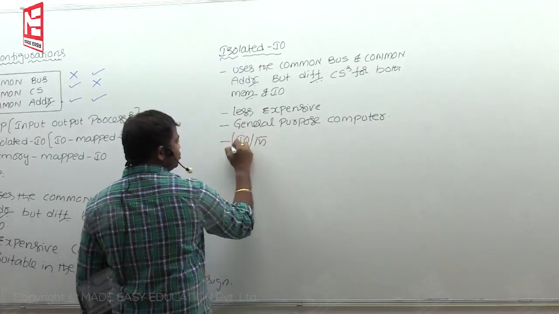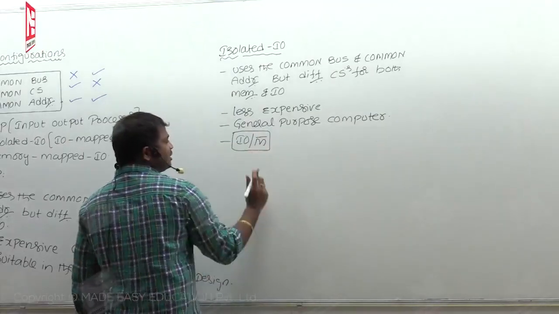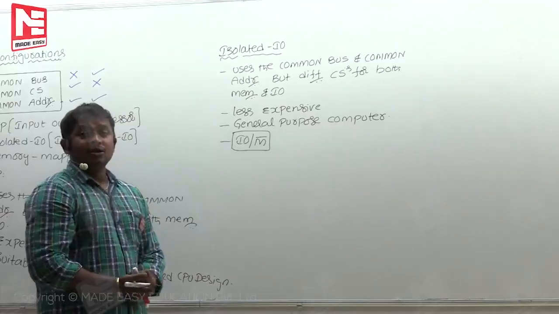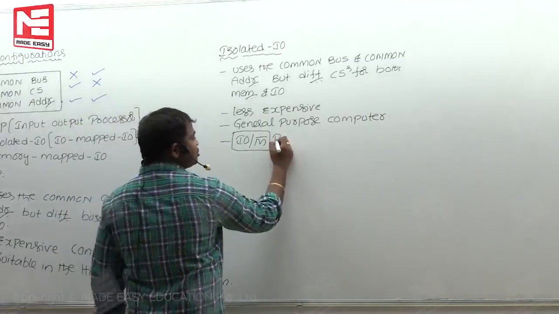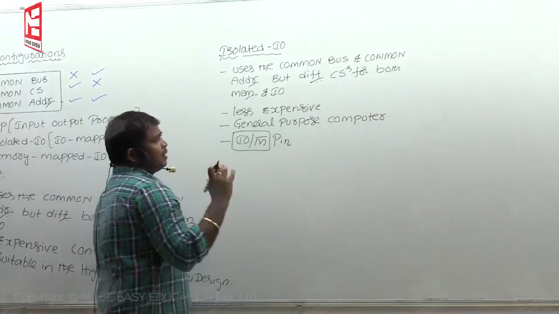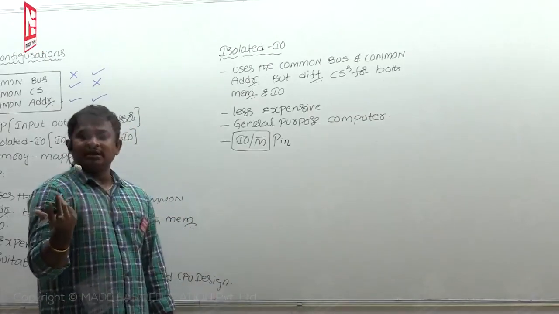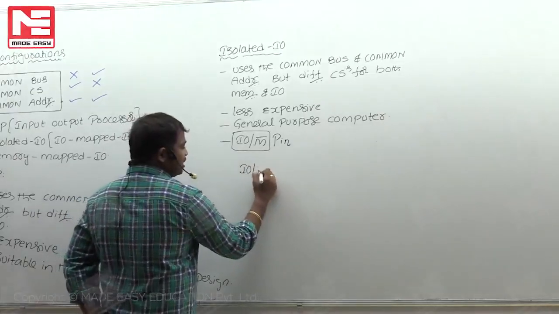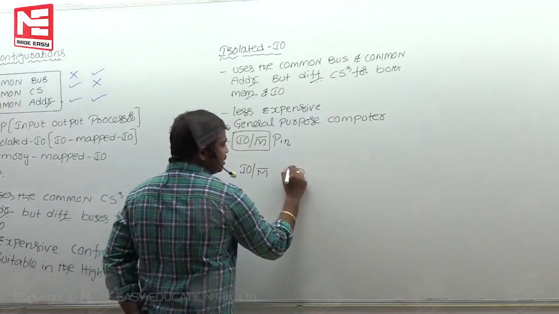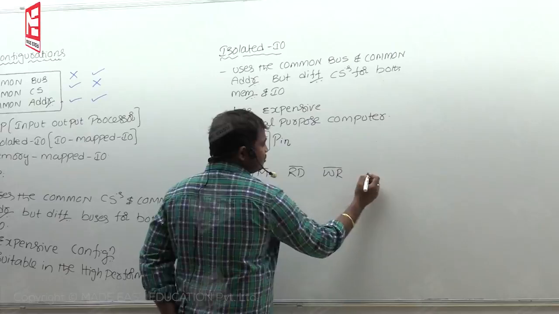In the isolated IO configuration, the IO/M bar pin is used to separate the control signals. There is no need for a separate bus. One pin is enough, the IO/M bar pin. This pin is used to implement the memory control signals and IO control signals, along with RD bar and WR bar.